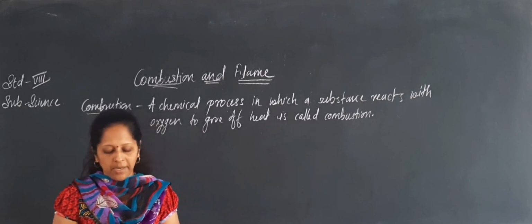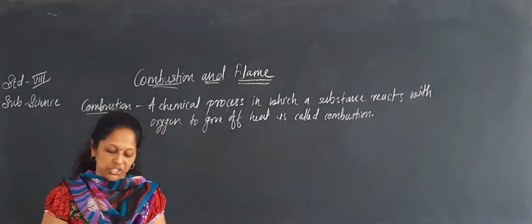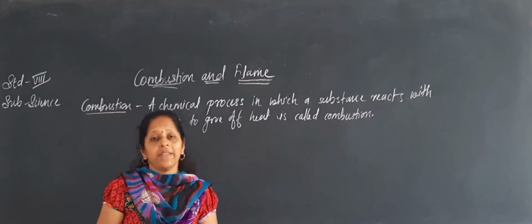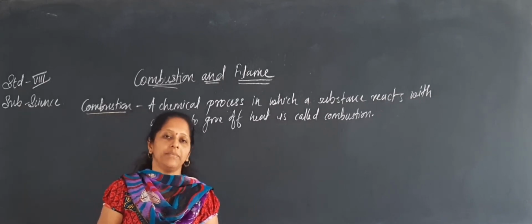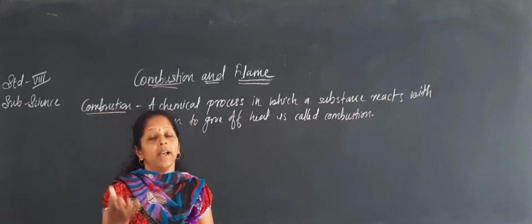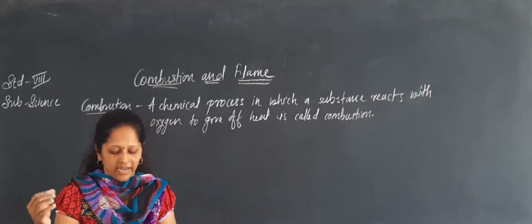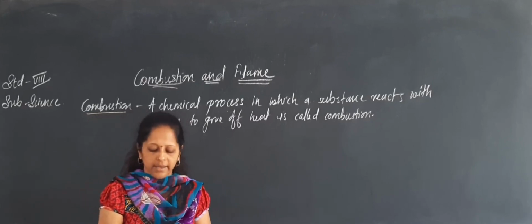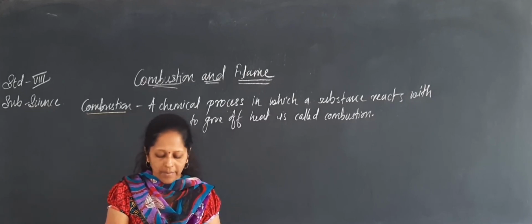So we are going to see about the different materials. Now first of all, what is combustion? Take a magnesium ribbon and burn it. It burns very brightly, and ash forms after burning. You learnt this activity in class 7.